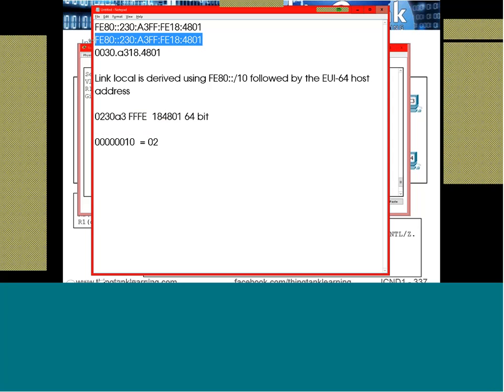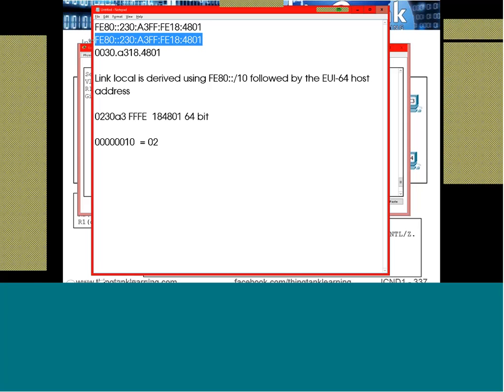Now there's a very important thing that I want to point out. Link local addresses are used all the time in all sorts of forms and fashions, right? They're used for neighbor discovery. They're used for router advertisements. They're used for next hop addresses for routes in the routing table and so on.